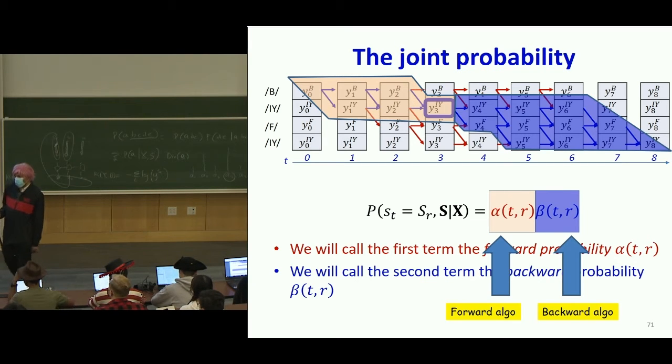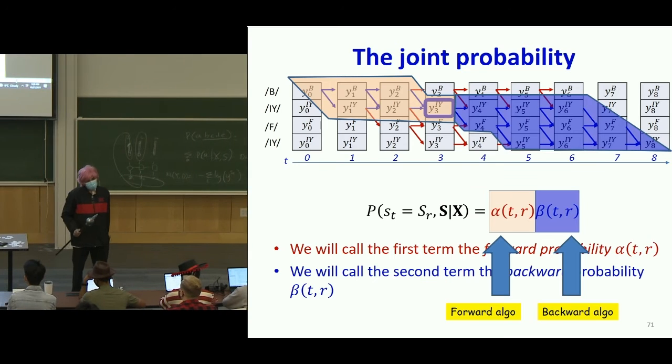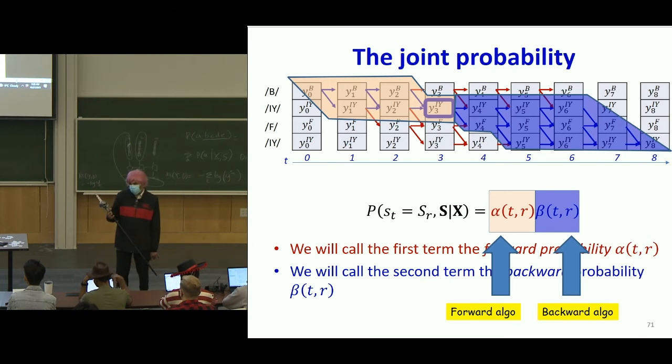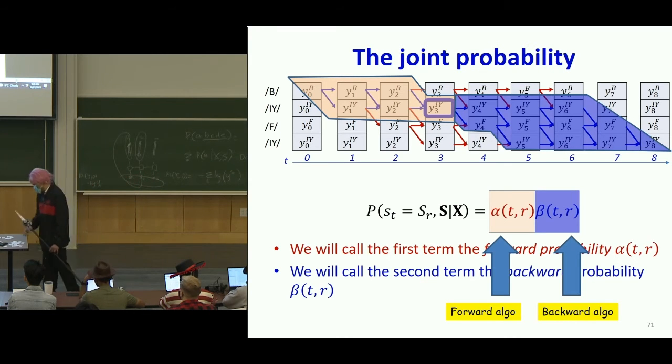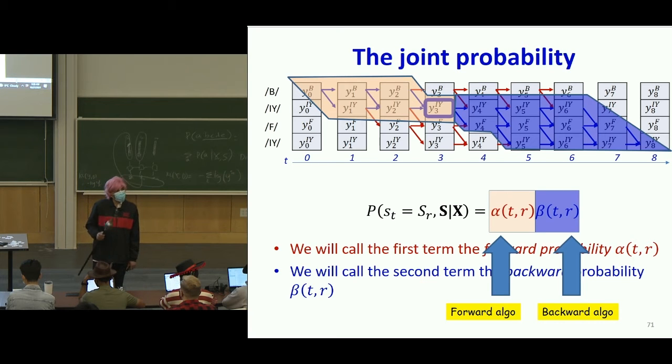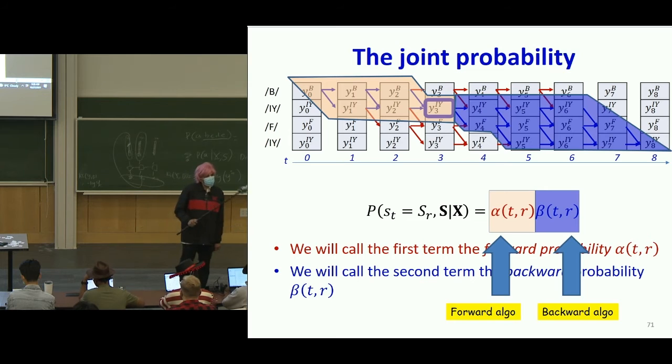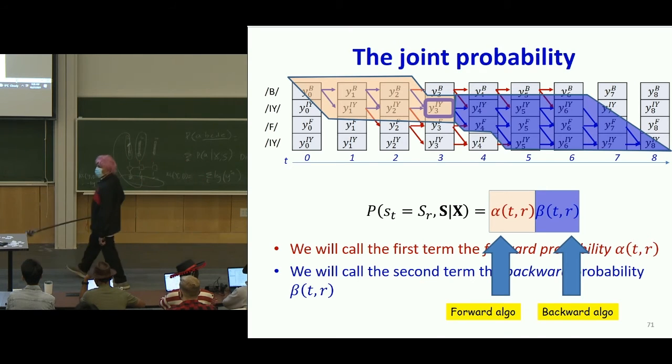And now, if I sum up the alpha TRs and the beta TRs, the product of alpha and beta over a column, is that going to be 1? Anybody? Is that going to be 1? Again, not, because basically the product of alpha and beta is simply the probability that a randomly chosen alignment is going to go through that node, right?